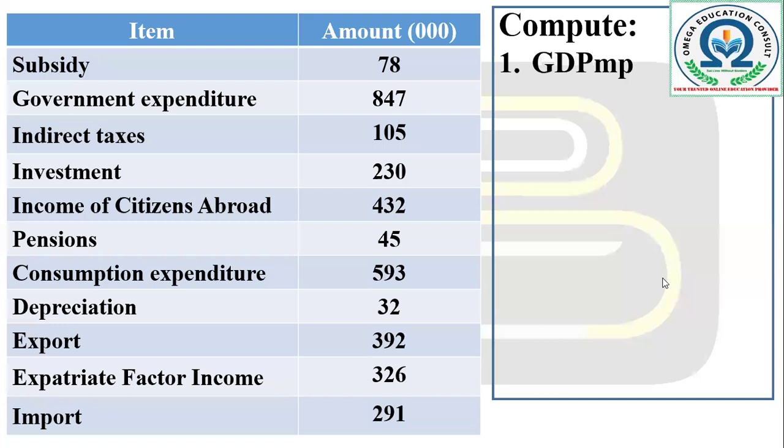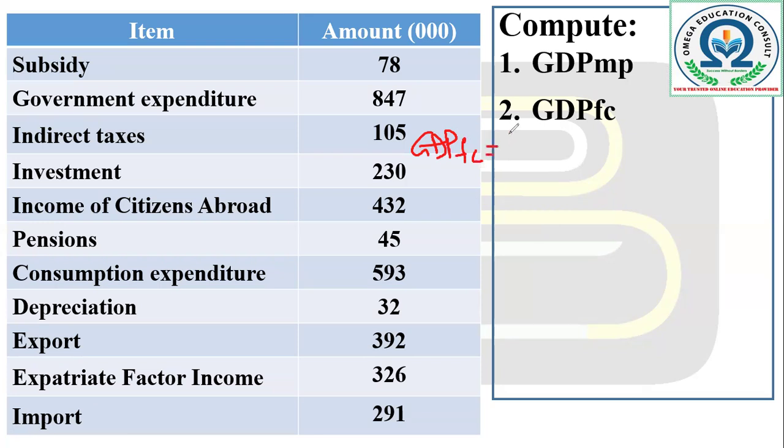So the next step is compute GDP FC. So once again, we quote our formula for GDP FC. So GDP FC, to do the computation, you have 1 minute to do so. Right, so compare your answer with it.